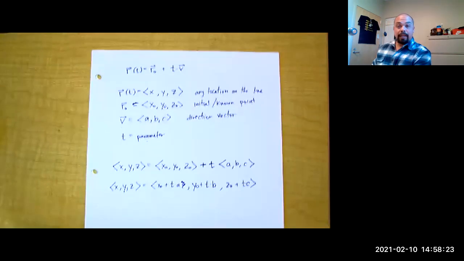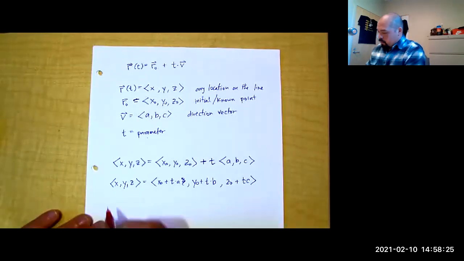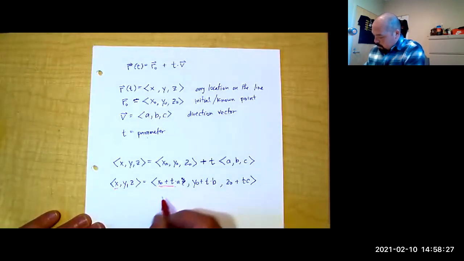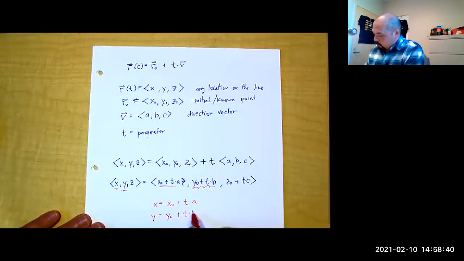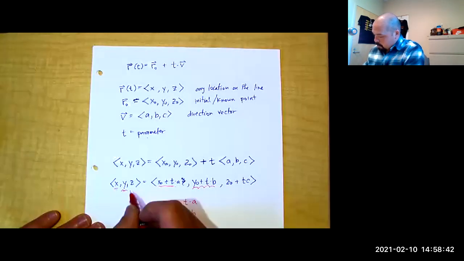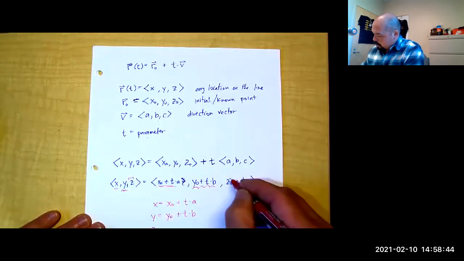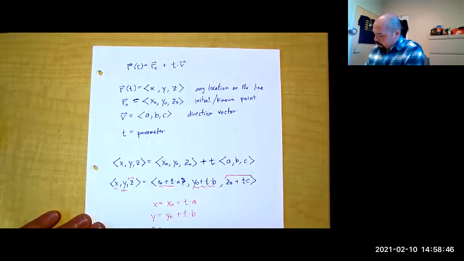And if I start to equate individually, we get these components for x, y, and z.